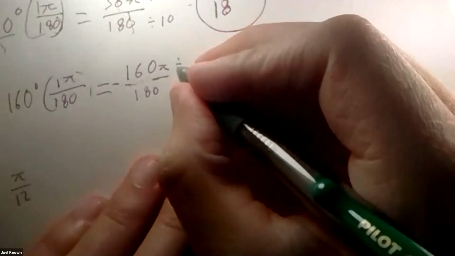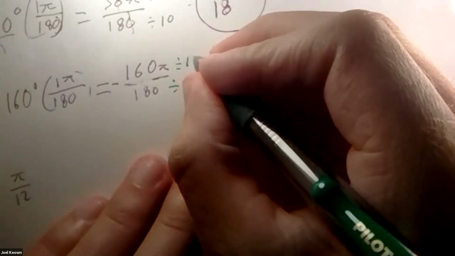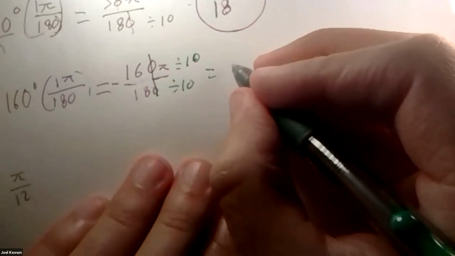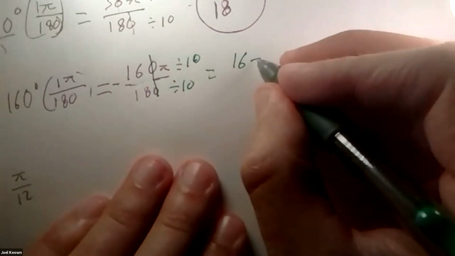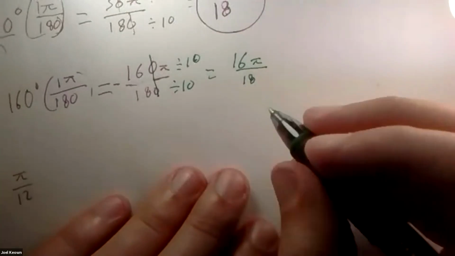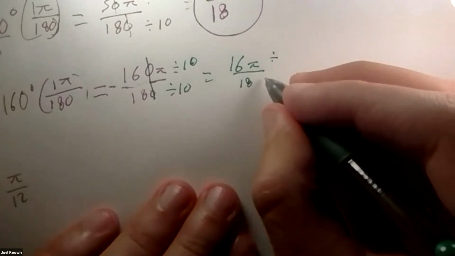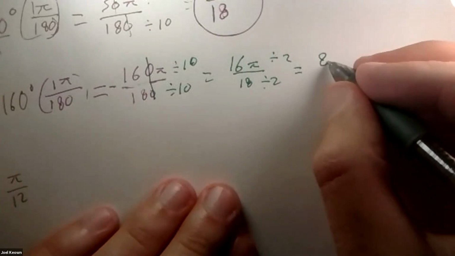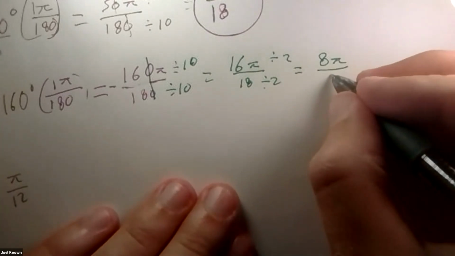Again, I can divide by 10. That cancels those zeros out, and I get 16 pi over 18. I can divide both of those by 2, giving me 8 pi over 9.